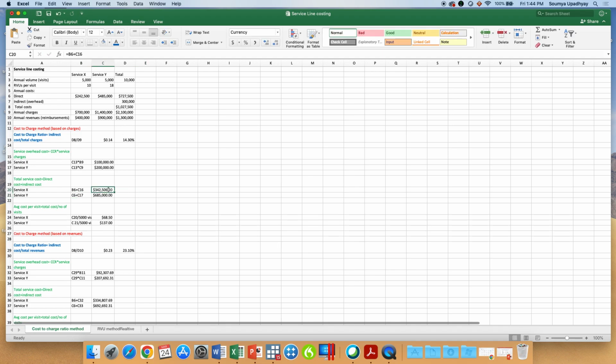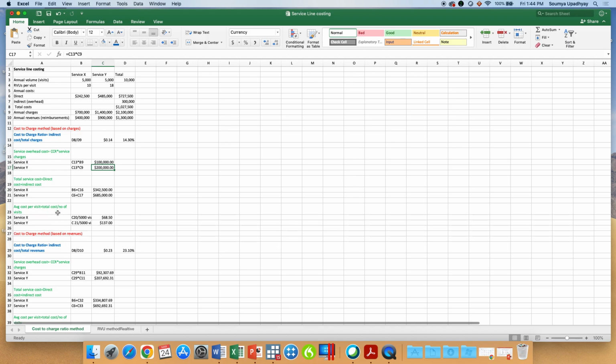B6 gives us the direct cost for service X, and C16 is the overhead cost for service X. So direct cost for service X plus overhead cost for service X, direct cost for service Y plus overhead cost for service Y, gives us the total service cost each for service X and service Y.